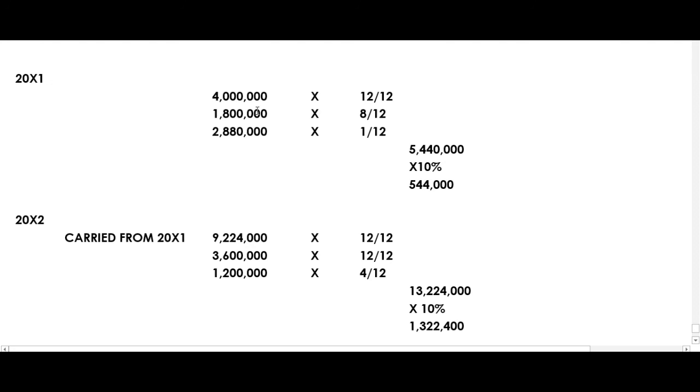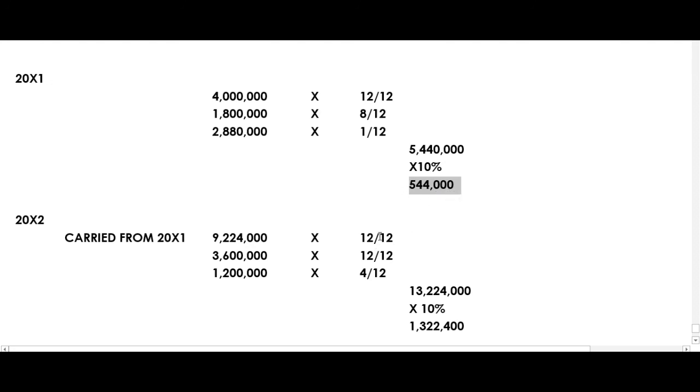Tapos yung 1,800,000 times 8 over 12, so bilangin mo lang yung months. Tapos yung 2,880 multiply mo ng 1 over 12. So ito yung lalabas na WAEX or weighted average expenditures. Multiply natin ng 10%, you will get 544,000. So ito na yung ating borrowing cost. Okay, so yan na yung isasama natin sa cost incurred.